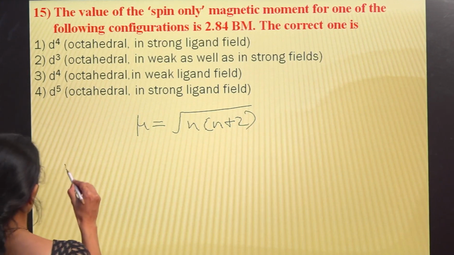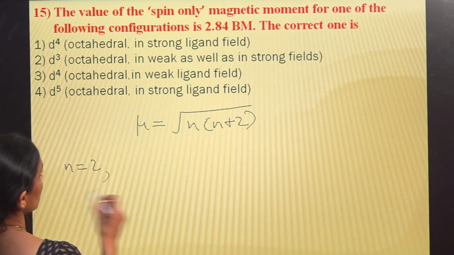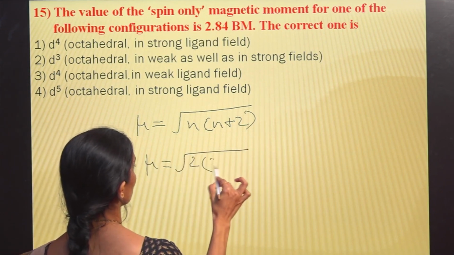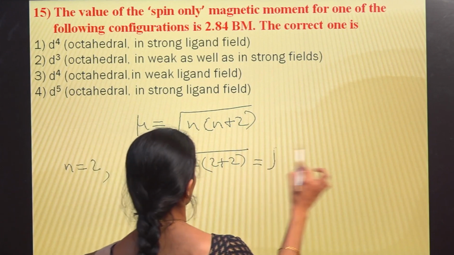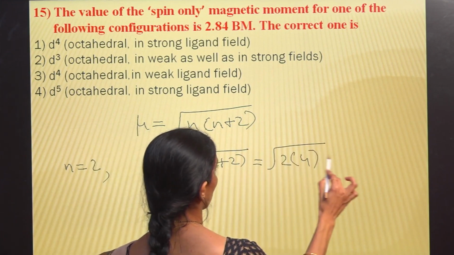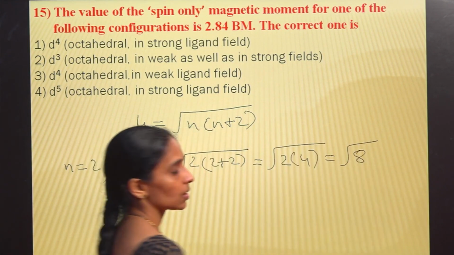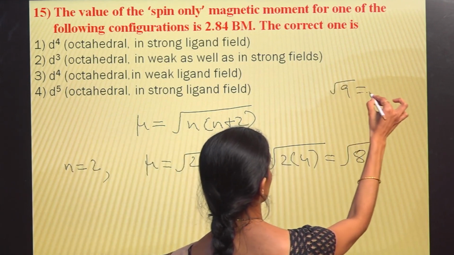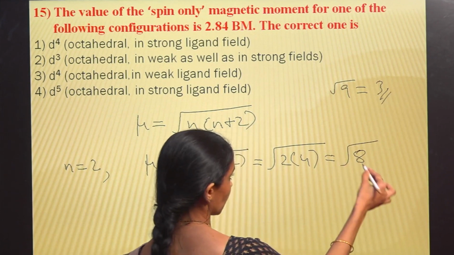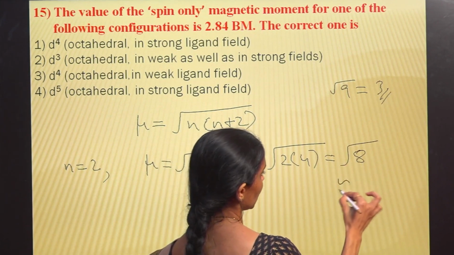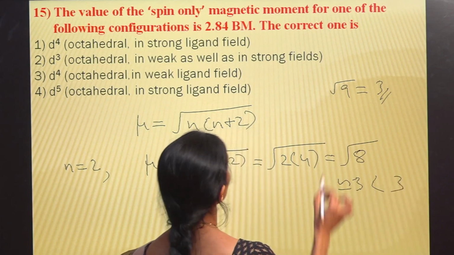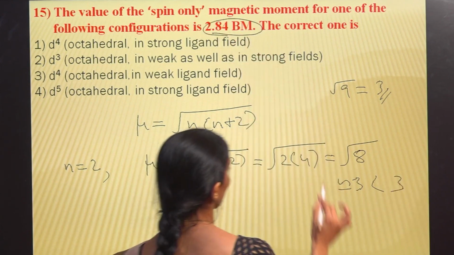Now when n is equal to 2, mu is equal to root of 2 into 2 plus 2, 2 into 4, that is root 8. You know that square root of 9 is 3, so square root of 8 should be nearly equal to 3 but slightly less than 3. That matches with our 2.84.